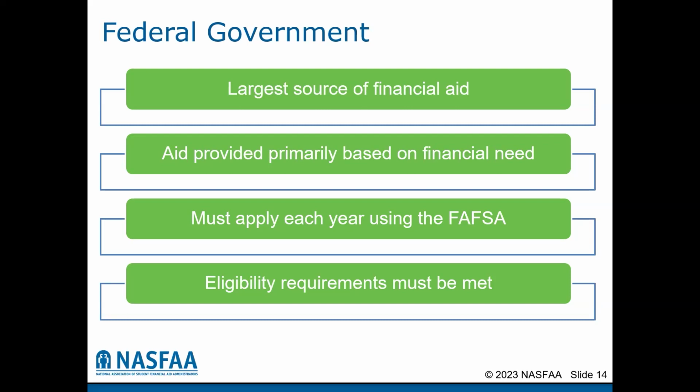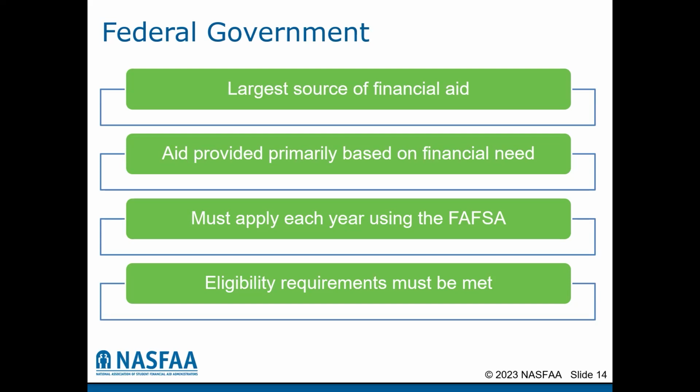Examples of these requirements are: they must be a citizen or an eligible non-citizen as recognized by the United States. They must be enrolled as a regular student in a Title IV federal financial aid eligible program and school.